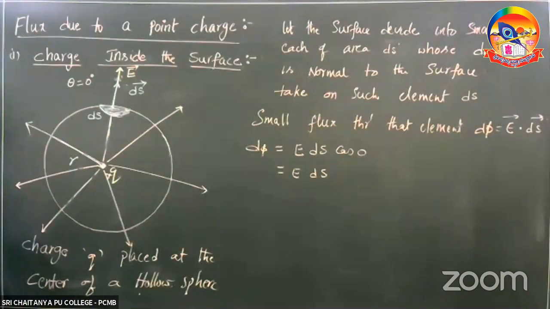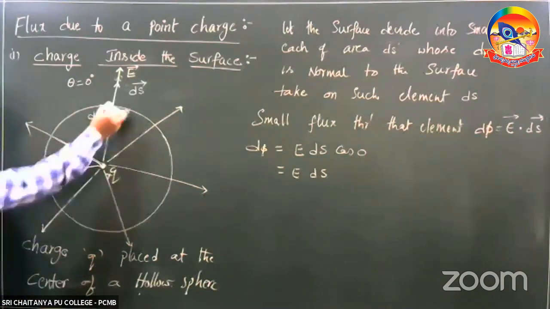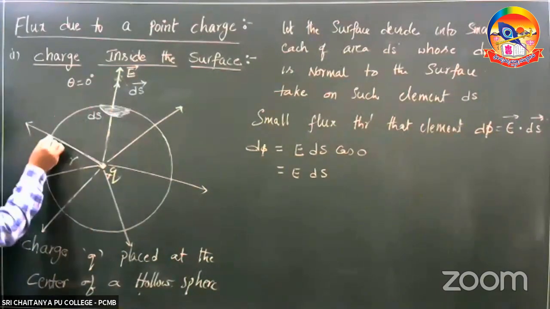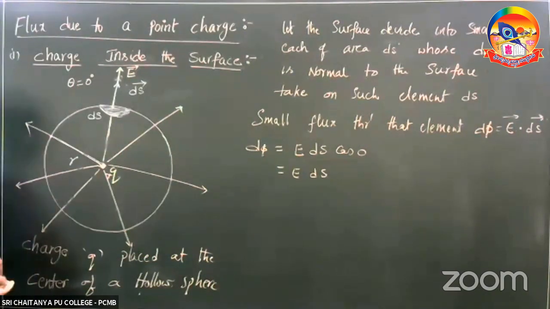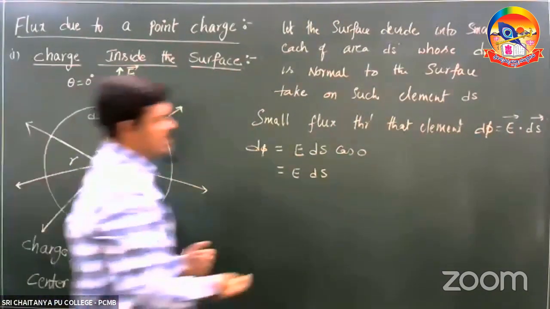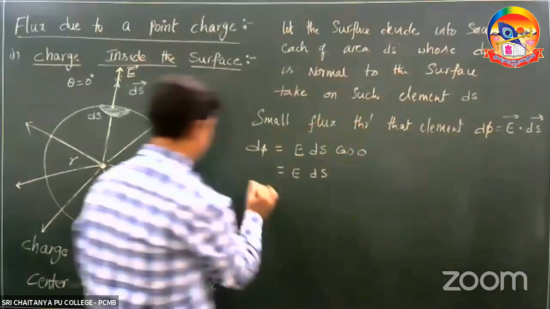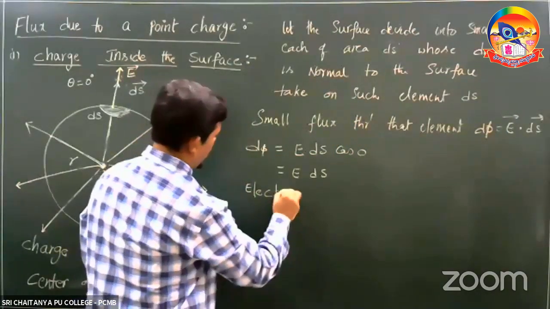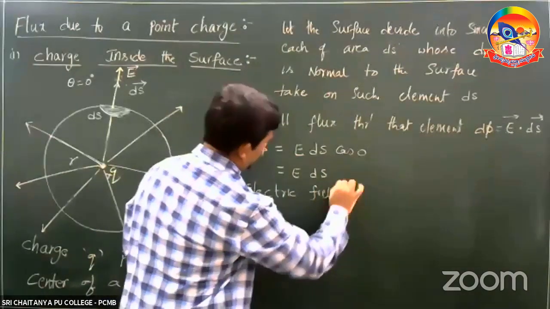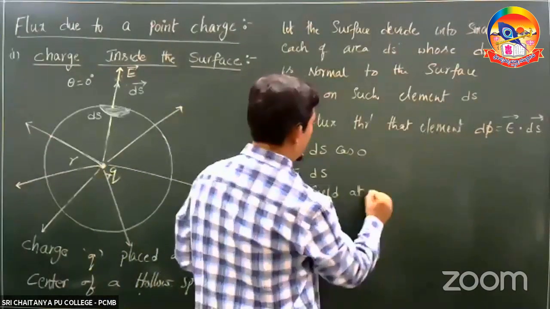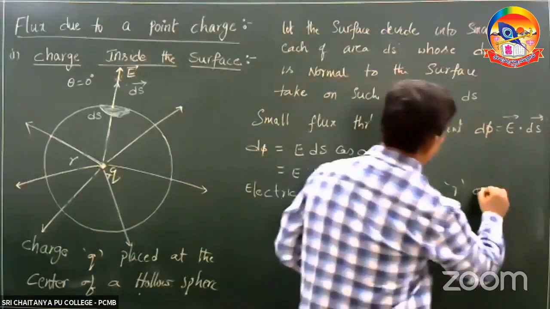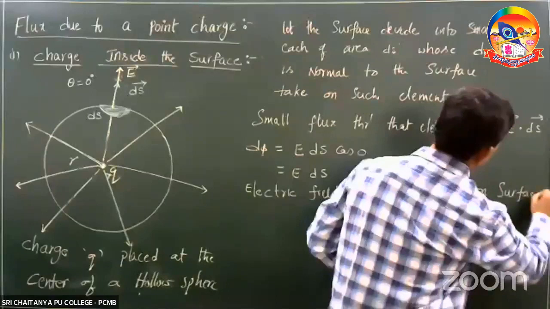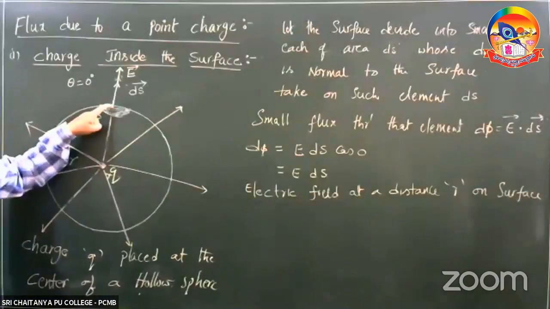Then what is the total flux? See, one more point. If I ask you, on the surface, what is the electric field? E. Here at this point, what is the electric field? E. Here? E. Why, sir? What is the electric field at a distance R on the surface?